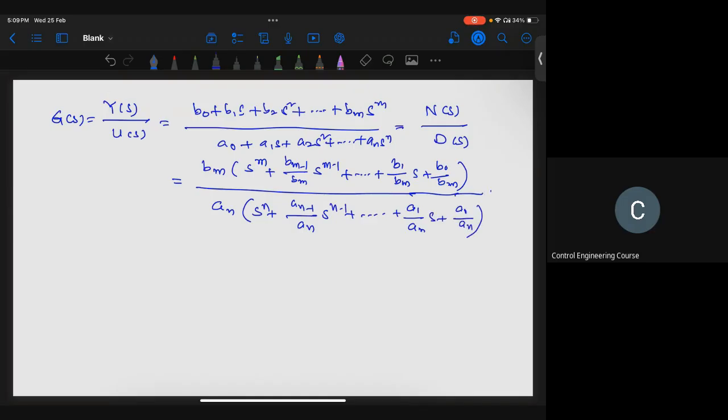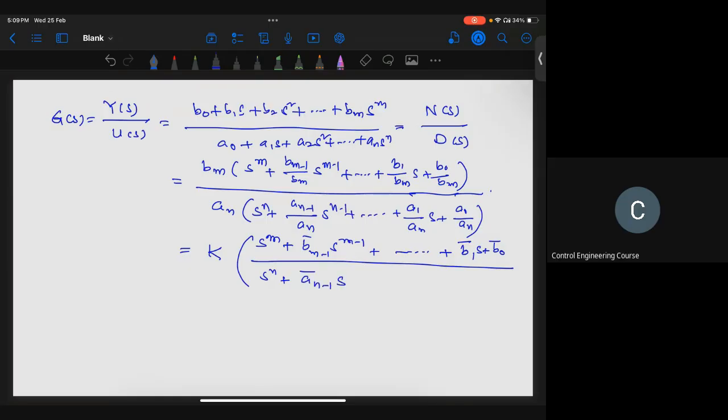Hope this is clear. How do we write this? I'll take bm/an as K. The rest of the terms I'll write as sᵐ plus b̄(m-1) sᵐ⁻¹, etc., the last being b̄1 s plus b̄0. Similarly, in the denominator, sⁿ plus ā(n-1) sⁿ⁻¹ plus etc. plus ā1 s plus ā0.